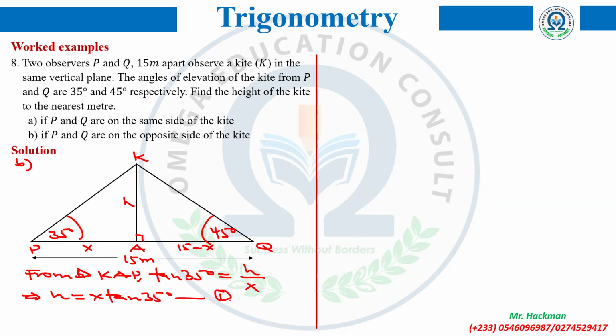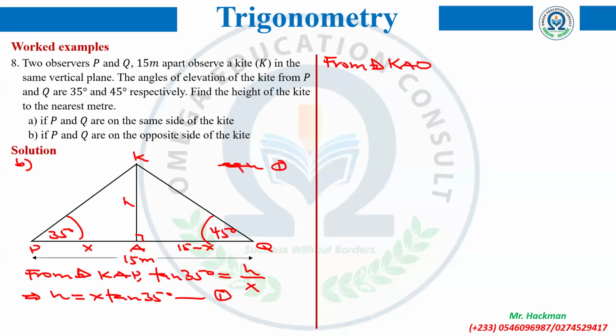Label it simply, and I've told you to avoid labeling your equation as "equation 1"; that is not necessary. No matter how small the time saved here, it will always be useful. Now we go to the second triangle, our second right angle triangle, which is KAQ.